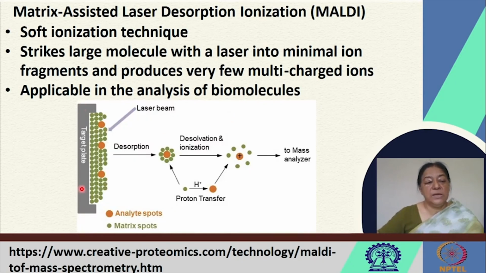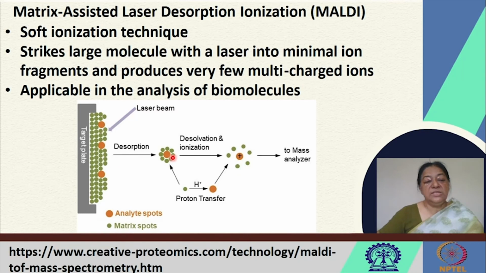So we have a target plate which has the analyte spots and the matrix where we have the protein mixed with this specific matrix. The laser beam is shone on this target plate, and there is desorption due to the laser beam that is shone on the plate.